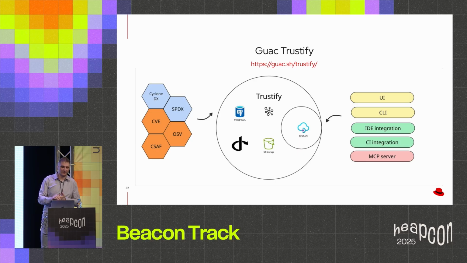So the whole goal of GUAC and the Trustify projects that I will talk a little bit about here is to, first of all, collect all this data, parse it, store it locally, and provide the correlation logic to link these together. So certain vulnerabilities to certain products and components inside of them. That's the most compact way it can be described.